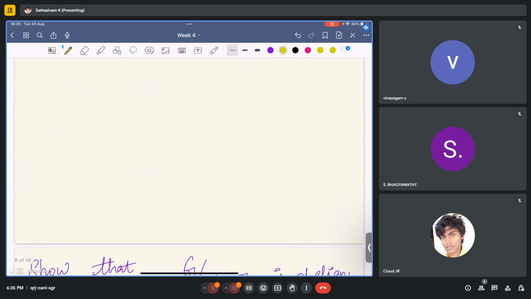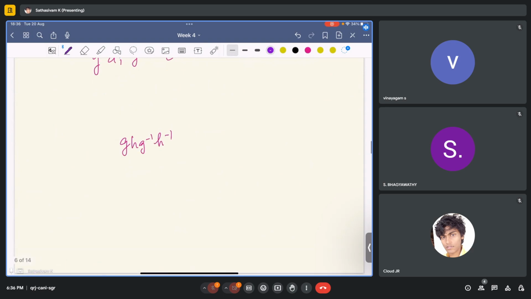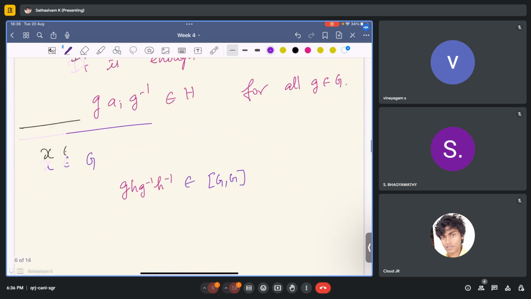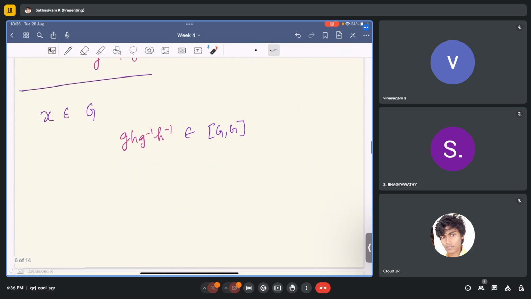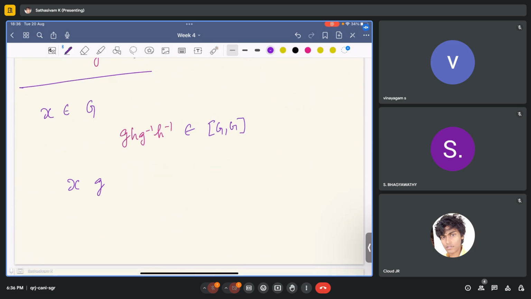So let's take this element g h g inverse h inverse, and take some element x belonging to G. This element belongs to the commutator subgroup [G,G]. So let's look at the conjugation. We want to prove that the conjugation also belongs to the same group. So x g h g inverse h inverse x inverse.